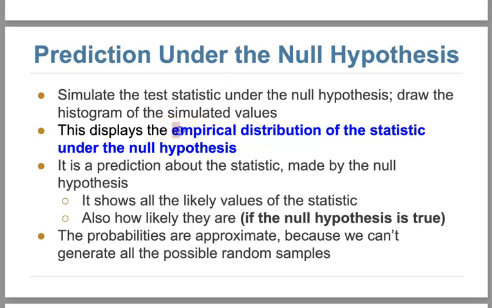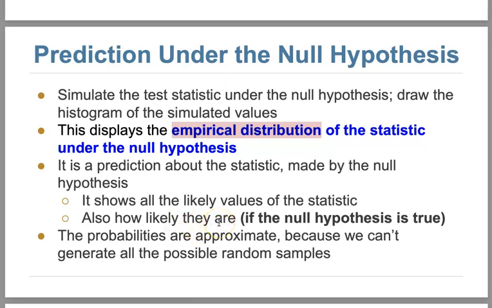Remember, empirical distribution is just what you get when you run so many times, then you have your result. So this empirical distribution of the statistic is under the null hypothesis. This prediction about the statistic under the null hypothesis shows all the likely values of the statistic. Also, how likely they are.